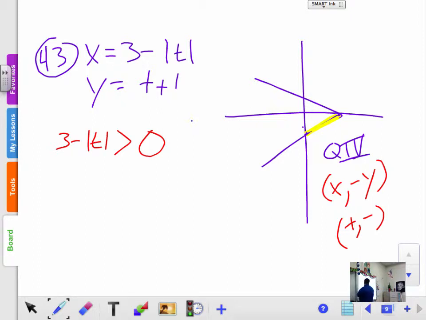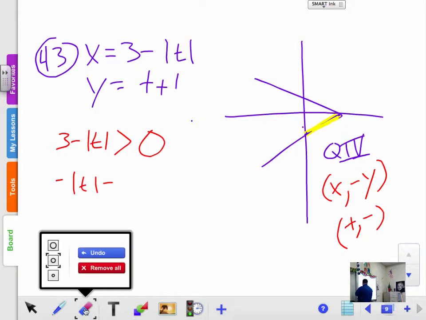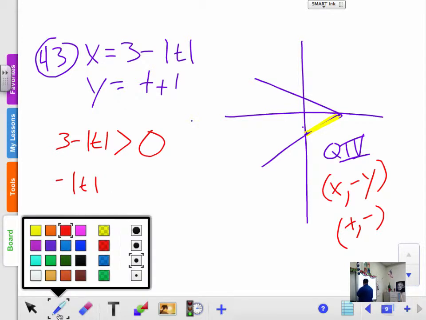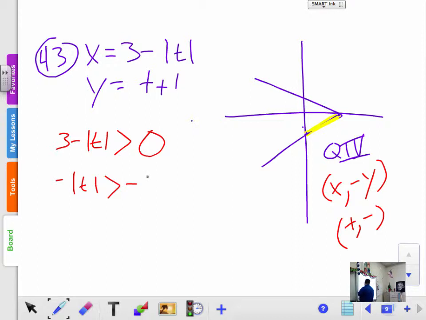And so what I need to do is I'm just going to subtract 3 from both sides. And I get negative 3 over here. Then I divide everything by negative 1. And I get the absolute value of t is less than positive 3.